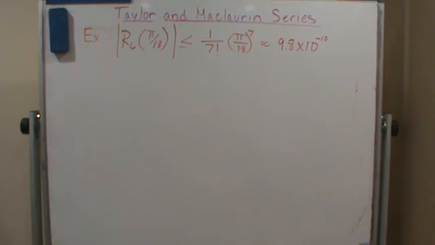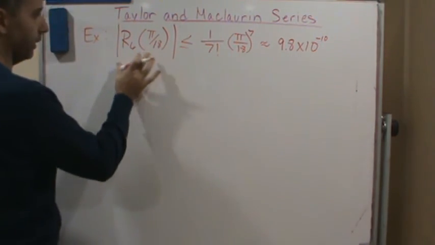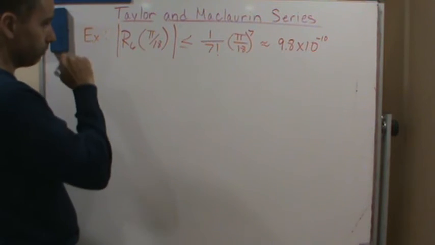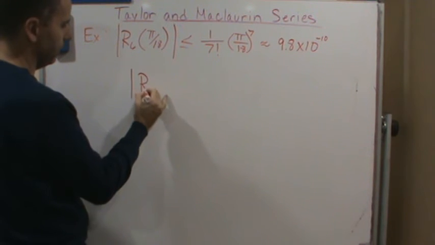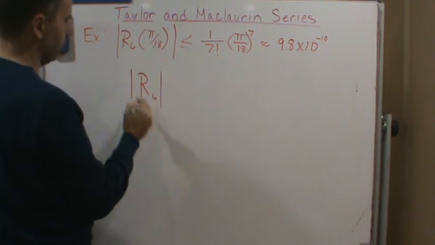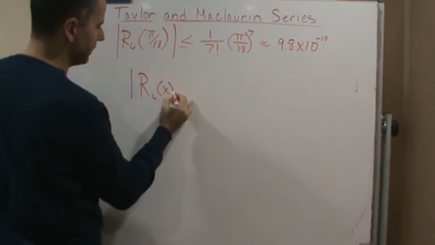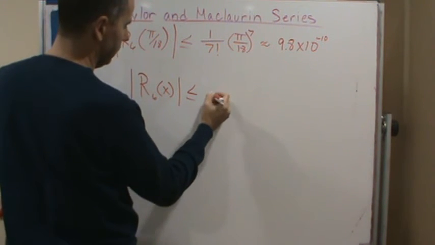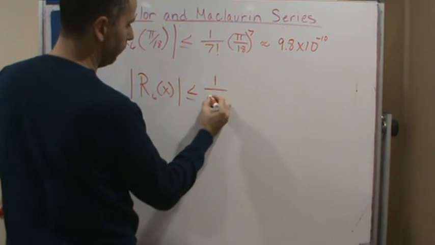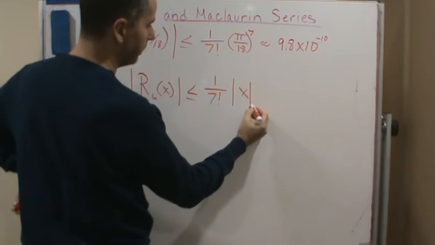Okay, so now to find the value of x, guess what? We already know this has to be true. So that means R6 of x has to be less than or equal to 1 over 7 factorial times the absolute value of x to the 7th power.